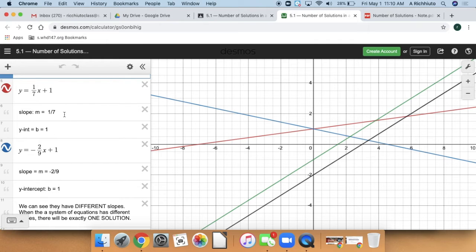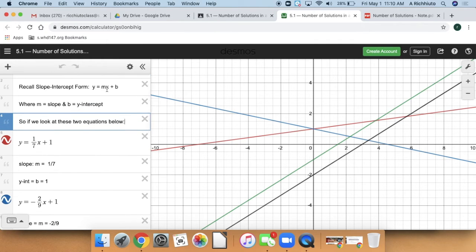Slope is m, and m is whatever's being multiplied by x, so our slope is going to be 1/7. And our y-intercept for this equation is b, and that is going to be this 1 here, okay?